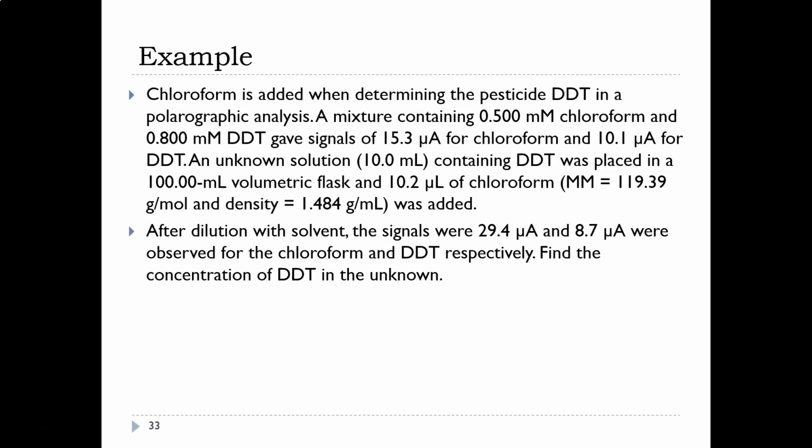An unknown solution, which was 10 milliliters, that contained DDT, was placed in a volumetric flask of 100 milliliters, and 10.2 microliters of chloroform was added to it. After that, the signals were 29.4 microamps and 8.7 microamps for chloroform and DDT. We want to find the concentration of DDT in the unknown.